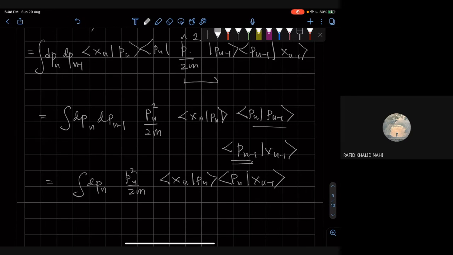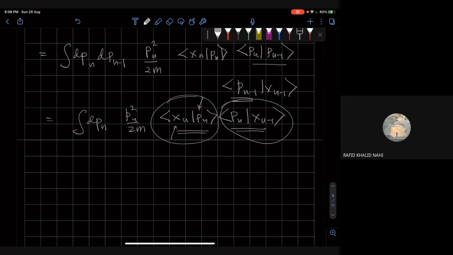And then what we do is that these are momentum eigenstates, because this is a momentum eigenstate, and this is a position eigenstate. So this is the wave function of a momentum eigenstate. This is the complex conjugate of the wave function of a momentum eigenstate, right? So if I remind you, |p> is a momentum eigenstate.